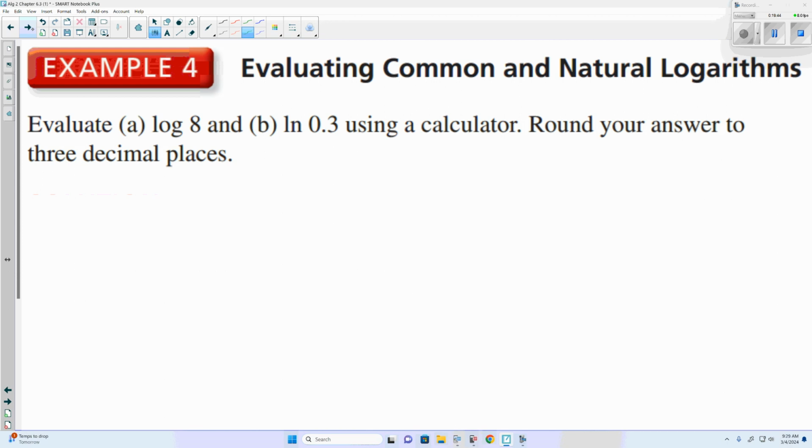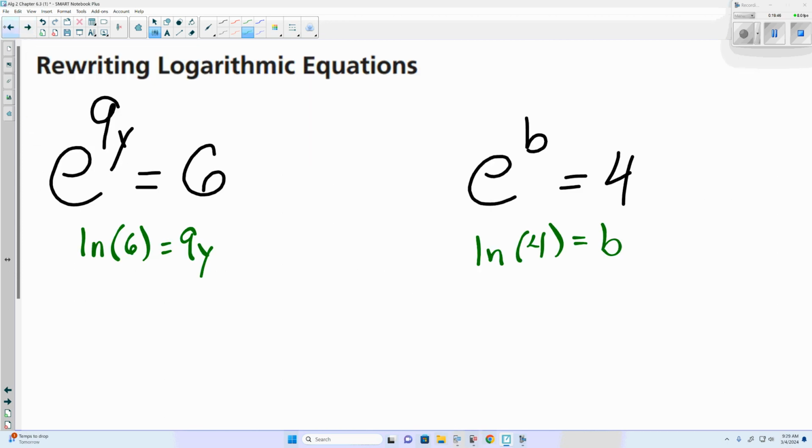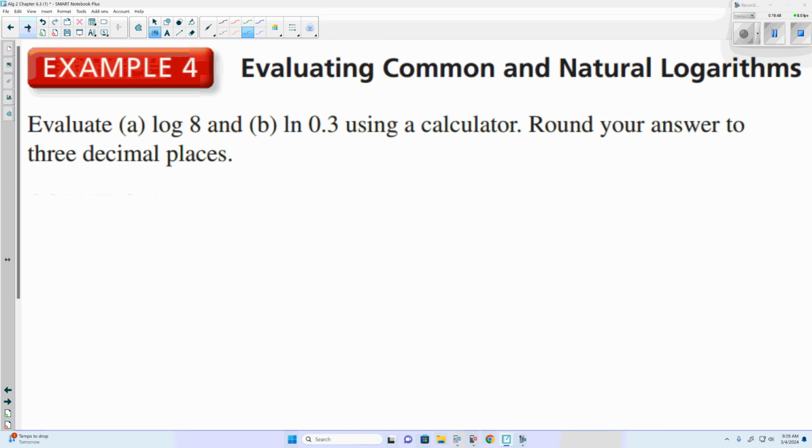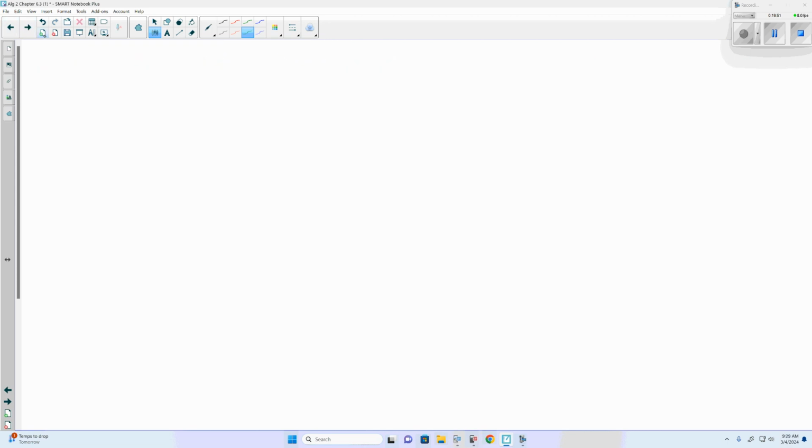This first one. Log of x is understood to be our common log because the base is 10. We call it a common log. Natural log is just ln of x because the base is always e.